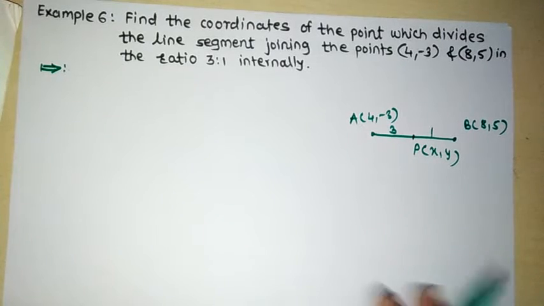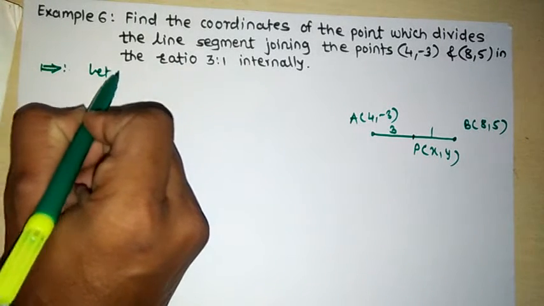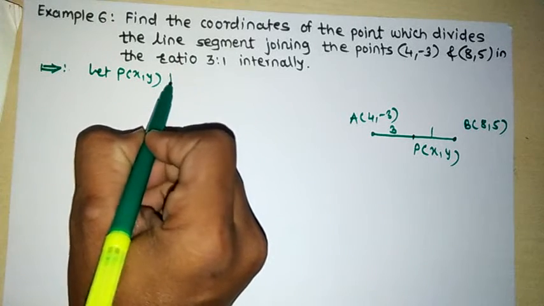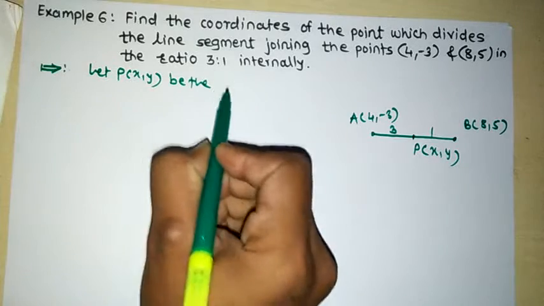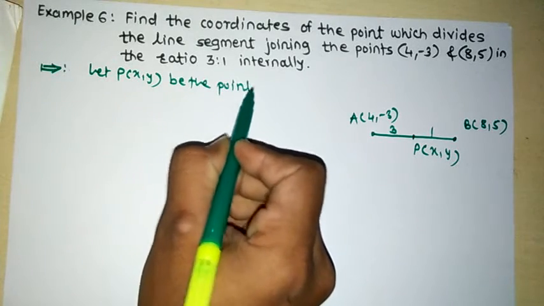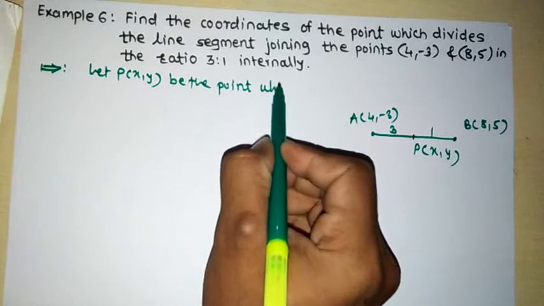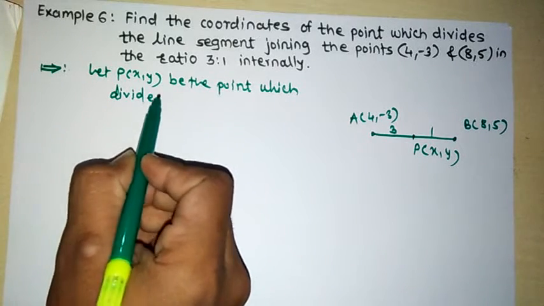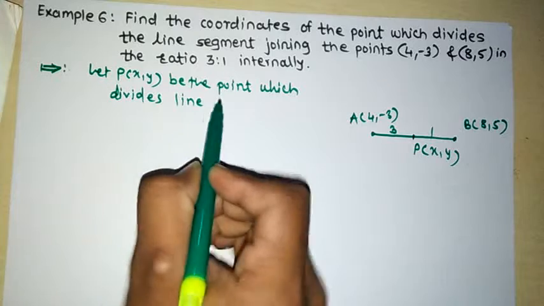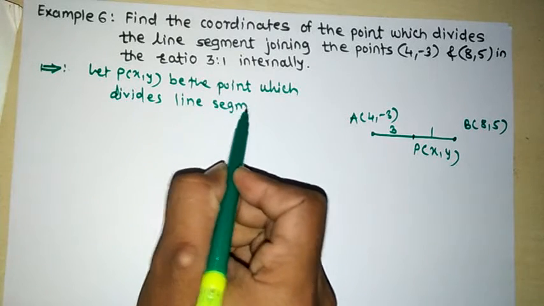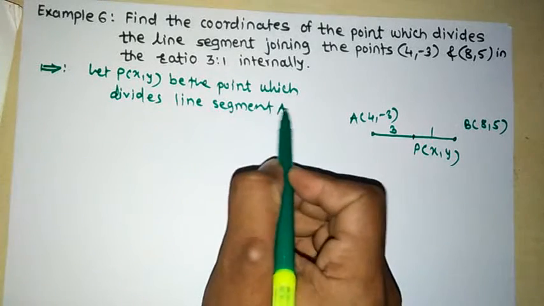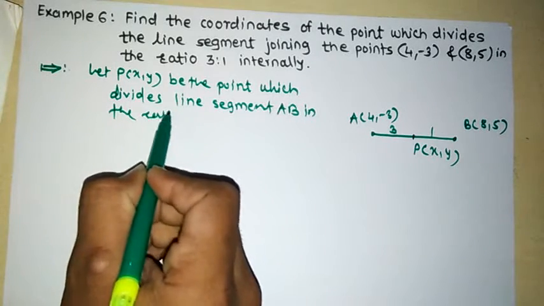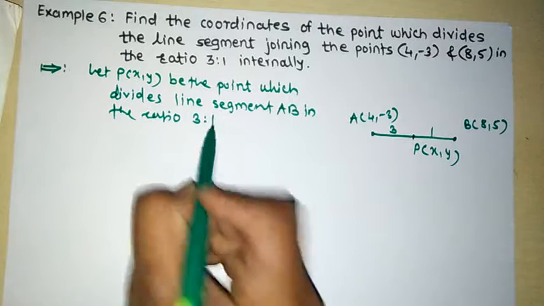Let us see how to find. Let P of x, y be the point which divides the line segment AB in the ratio 3:1.